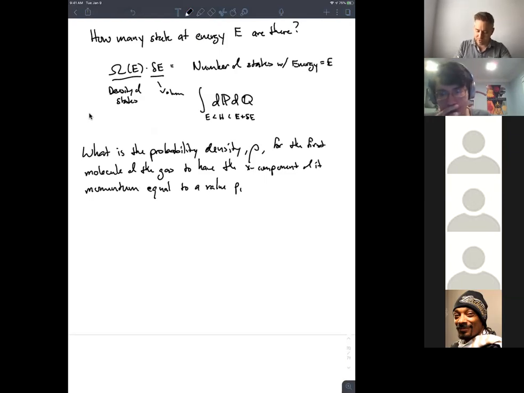In other words, what we were interested in was the probability density that the first molecule's x component of its momentum was equal to this specific value P1.